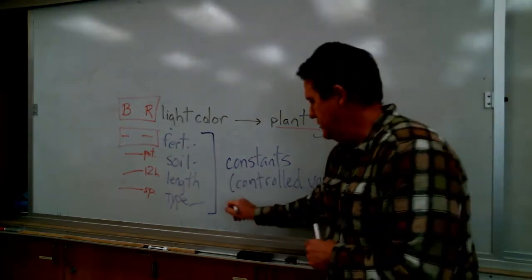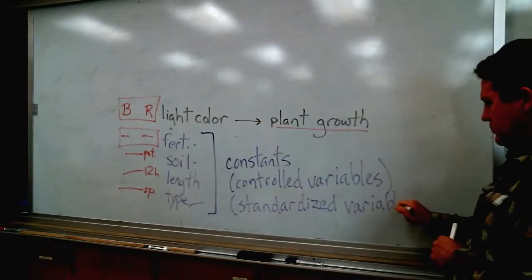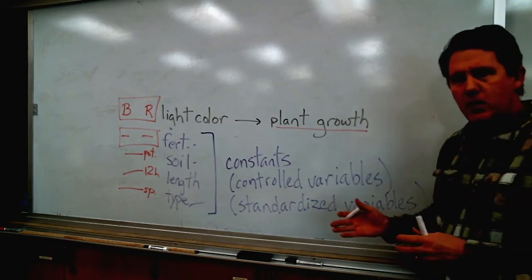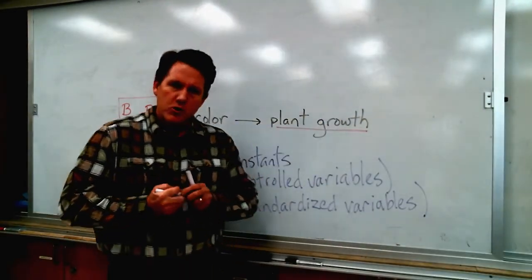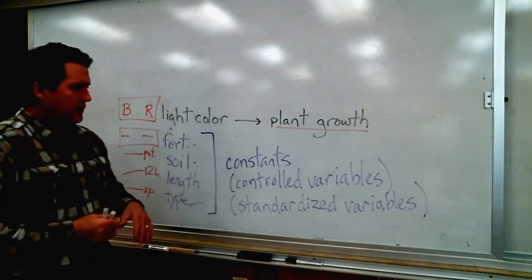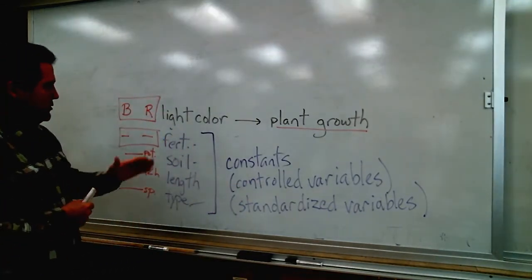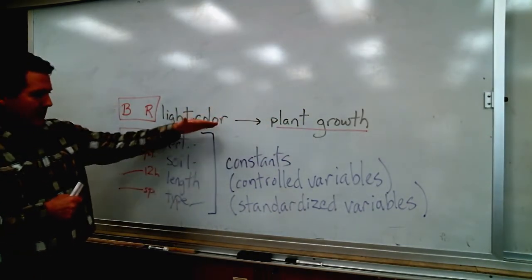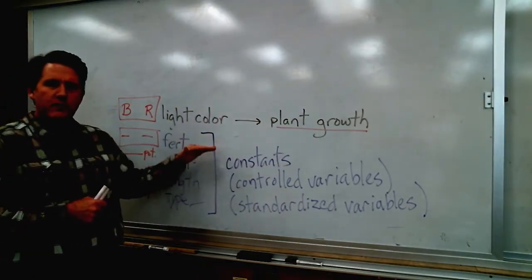Another term you'll see is standardized variables. All these are getting at the same thing: that we're trying to create as fair of an experiment as we can. So it's back to that same idea, just using some more formal language between our independent variables and dependent variables, and now we have controlled variables.